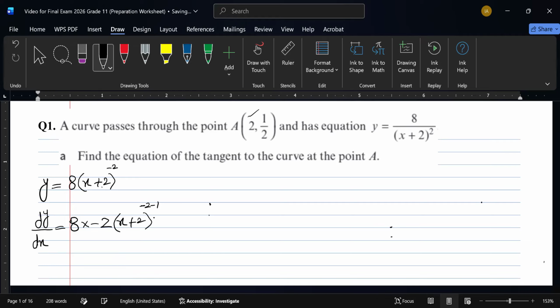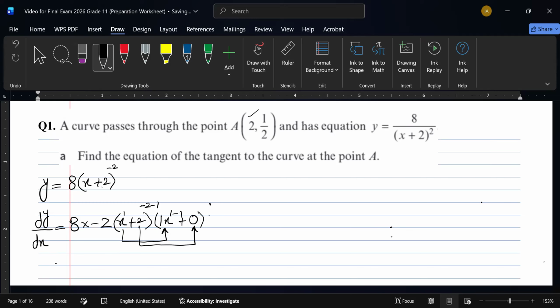After this, we will differentiate inside the bracket. First, we will differentiate this x, which means power 1 here. So we first bring this power down and subtract 1 from the power. The second part of the bracket is 2, which is a constant. Therefore, the derivative of the constant must be 0.